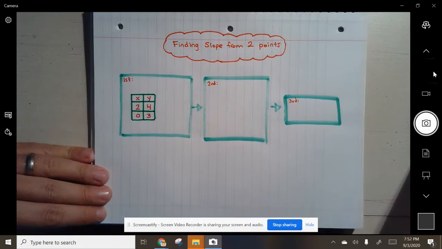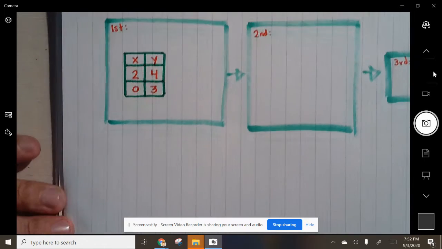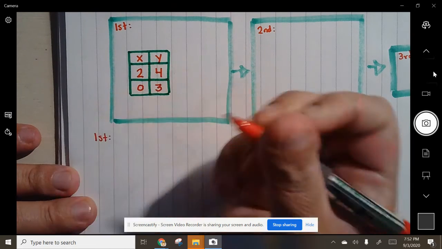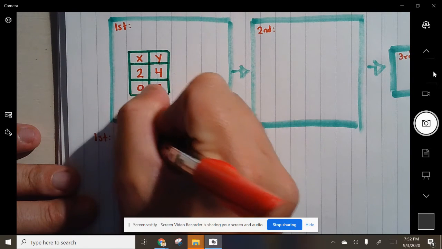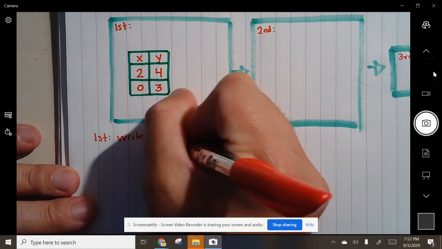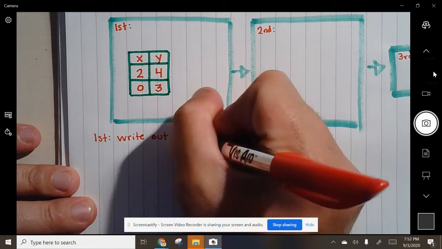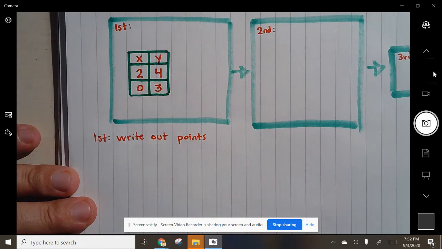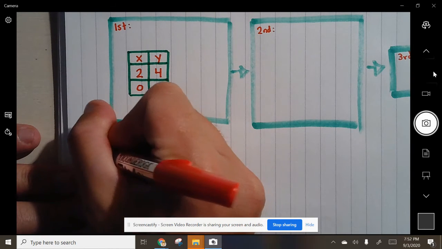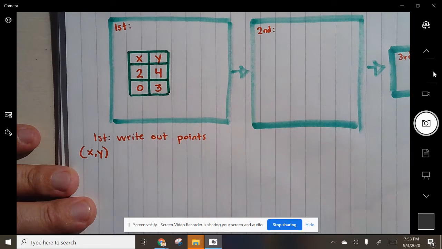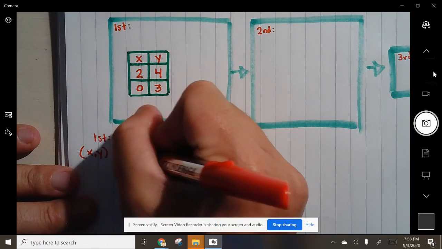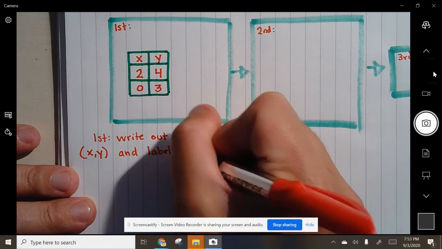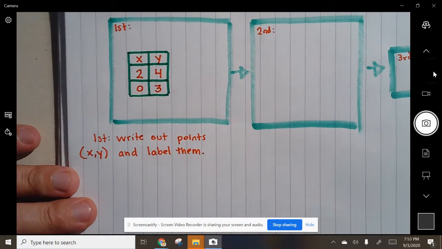And now I'm going to zoom in a little bit. And I'm going to put a note underneath here. Write out points like this. And label them.